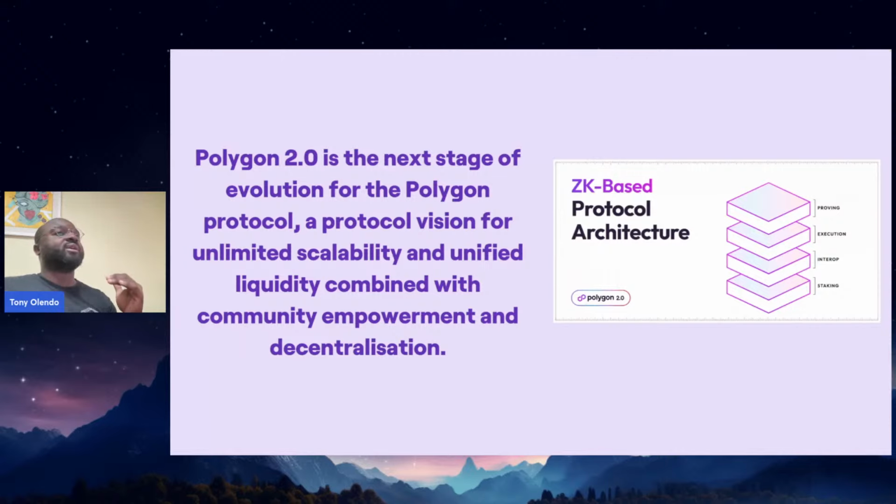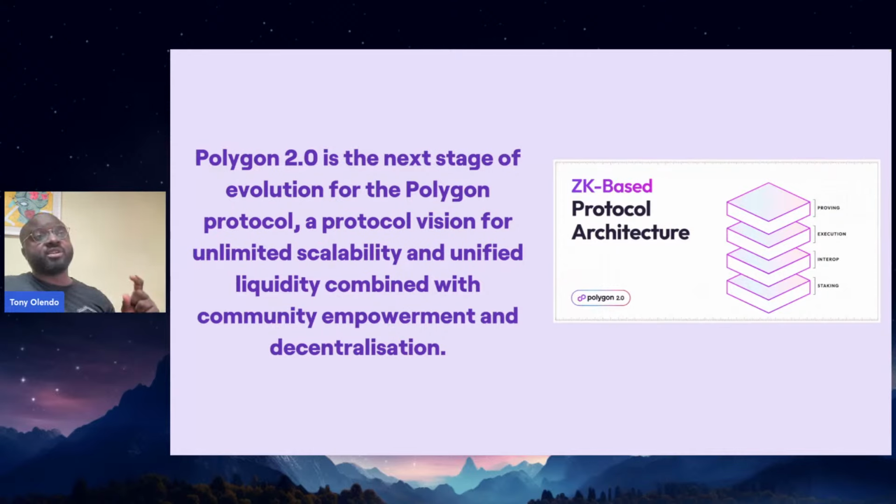And the way to actually look at this is that Polygon 2.0 is comprised of four primary stacks. Imagine if we could aggregate proving across various chains. So like ZK EVM, which is our public chain, we have Polygon Miden, and we have different other layers. Then we could actually generate proofs across the entire protocol.